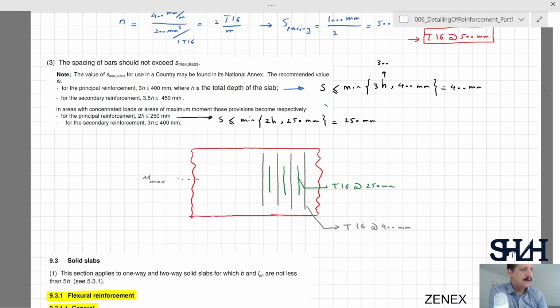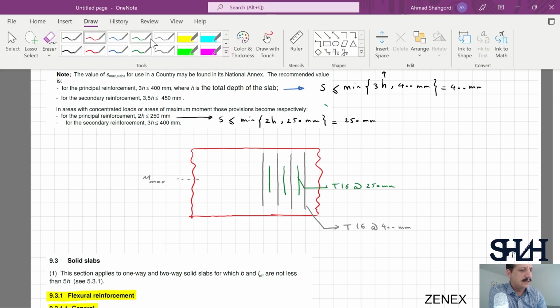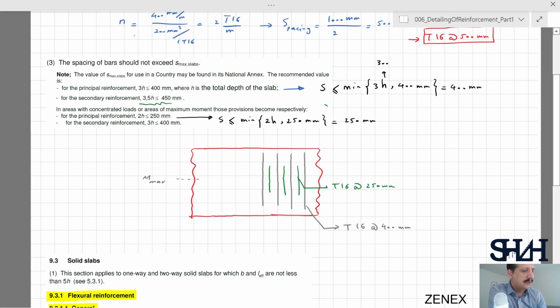So in item 3 of the relevant clause, the spacing of bars should not exceed S max slab, and for the secondary reinforcement here we can find out it should be less than 3.5h and 450 millimeters. So S should be less than the minimum of 3.5 times 300 millimeter and 450 millimeter, which is 450 millimeter.